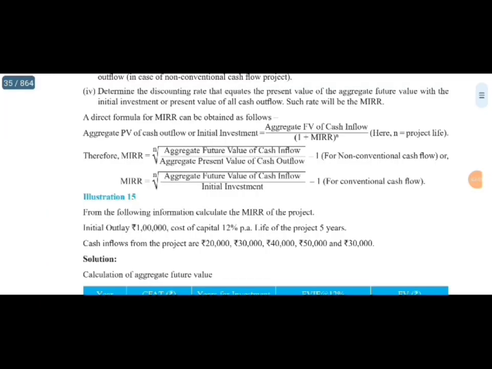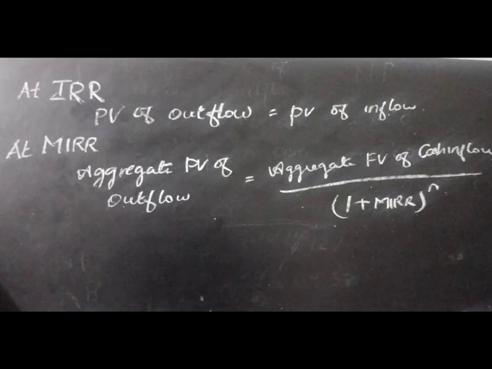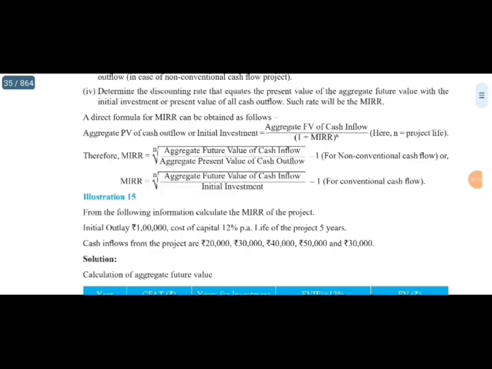So for bringing the future value to present value, we divide the future value by 1 plus the rate power of nth period. So left hand side present value of outflow, right hand side present value of cash inflow. But before finding the present value of inflow, they have calculated the aggregate future value of cash inflow. Then they have divided it by 1 plus MIRR power of n.